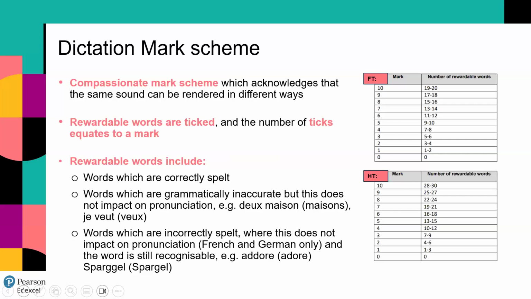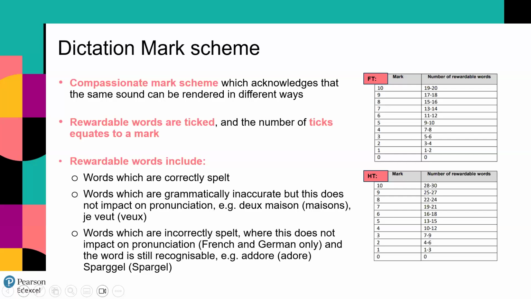And also we've tried to accommodate the fact that in some languages, some sounds may be more or less tricky to understand. For example, in German, you can hear most of the verb endings, in Spanish as well.